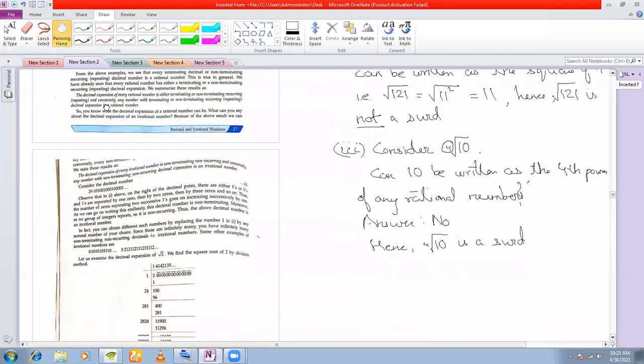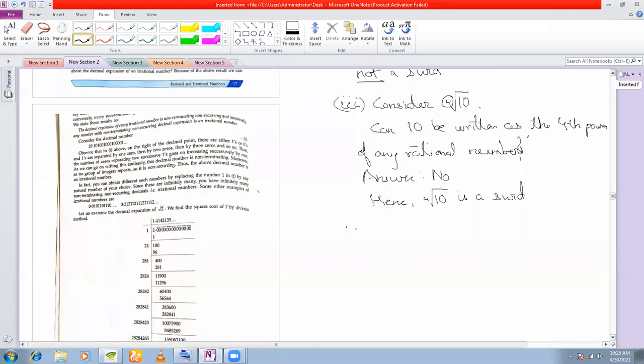Let us say just one last example. I'll discuss more examples in the next class. For today, this should be the last example. Consider the cube root of 64. Is this an irrational number? Is this a surd? No, it is not a surd.